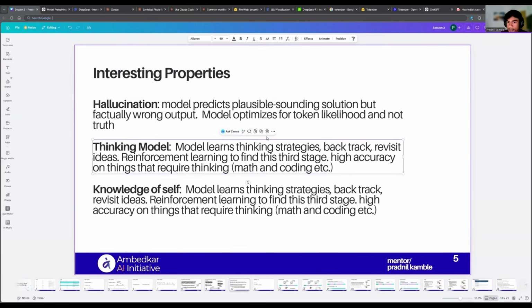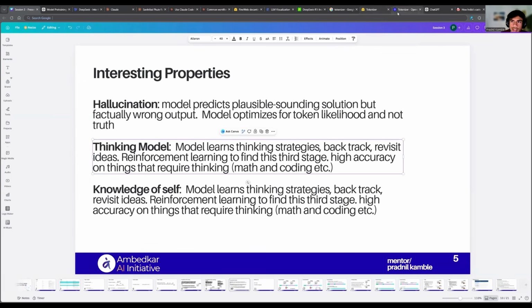Very interestingly, now we come to the second property, which is one of my favorite ones, and I'm very excited to share this with you. Right now we were trying to teach our model just to predict the next word. There was an input that we gave to the model.